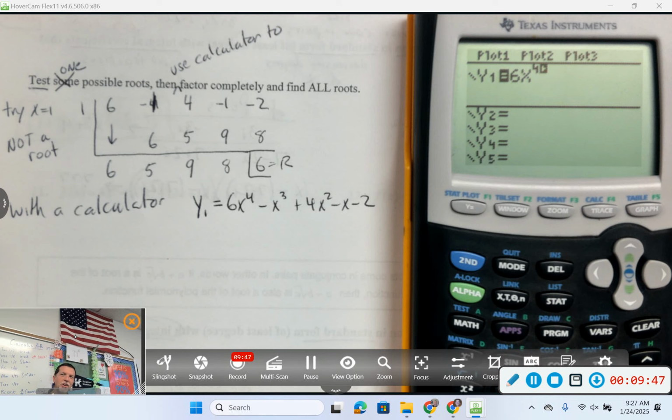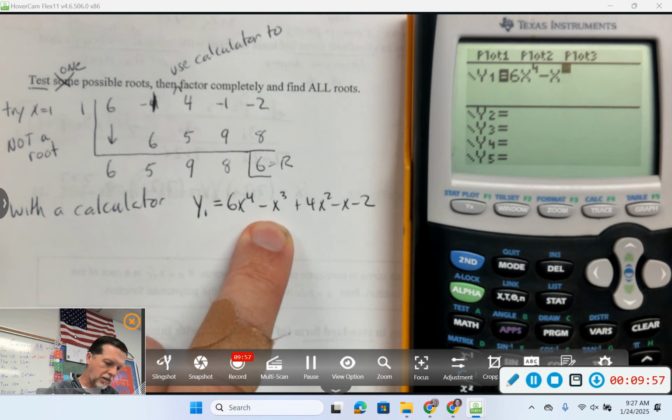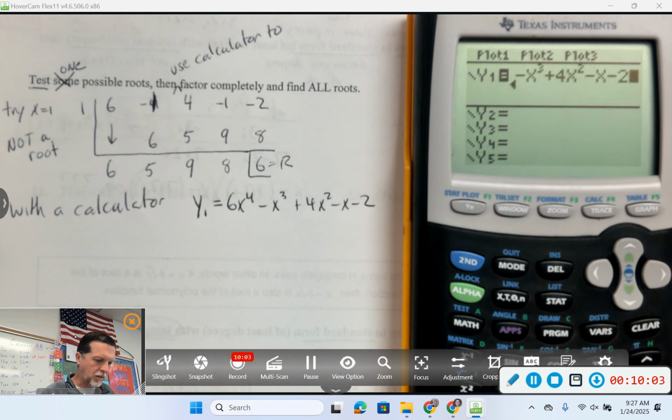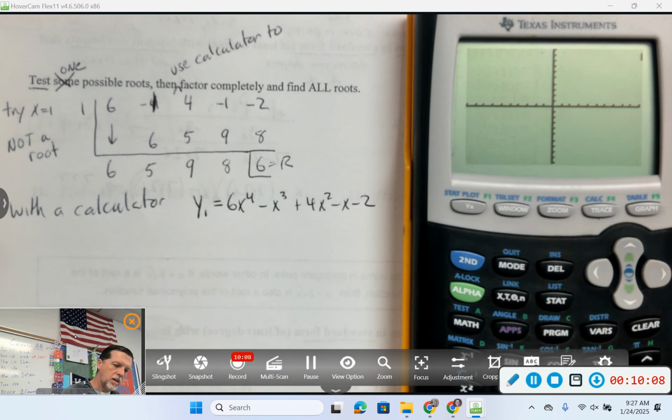But the calculator knows which one of those you want because you're trying to put in a function, so it uses the x button. Minus x cubed plus 4x squared minus x minus 2. And then let's graph that thing.